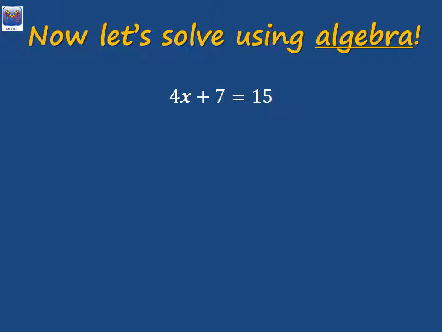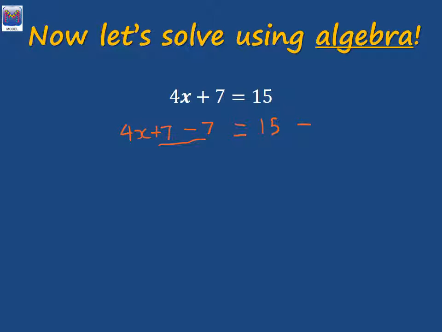All right, if I were to write that out mathematically, I'll do it here for you. Here's my equal sign. My 15 is not going to change to start with, but on this side I've got 4x plus 7. The first thing I'm going to do is subtract 7, because 7 minus 7 is 0.